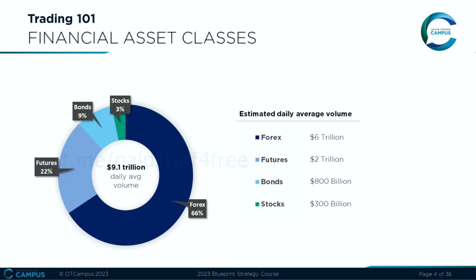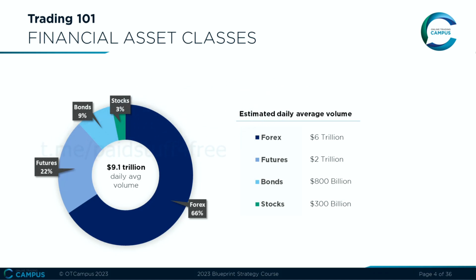So that means it does not have a centralized exchange or a specific market cap that you would have for stocks, for example. And therefore, to rank the global markets by size, we can't look at market cap. We have to look at the average daily volume traded.